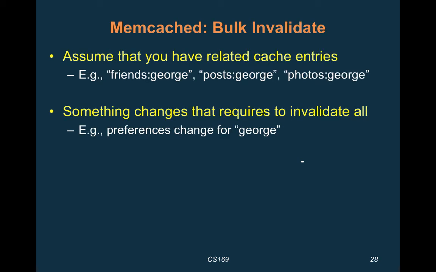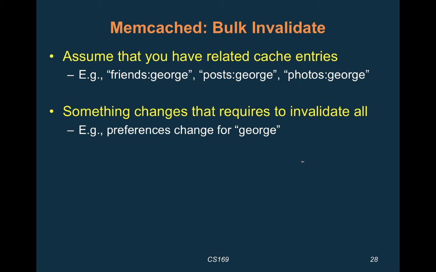So how do you actually deal when you have to update multiple keys at once? And there is a very important trick that I want to communicate to you. So assume that you have several keys for stuff related to George's page: friends, posts, photos. There are times when something changes for George's profile that you need to invalidate all these.